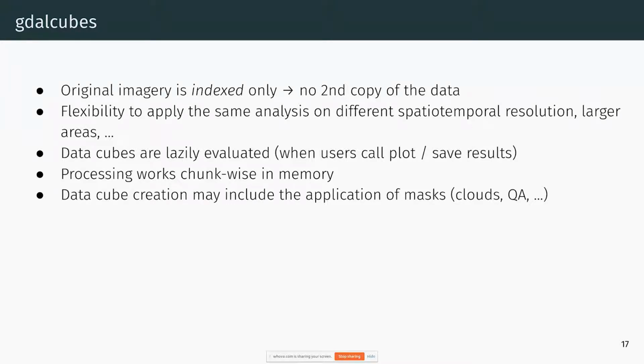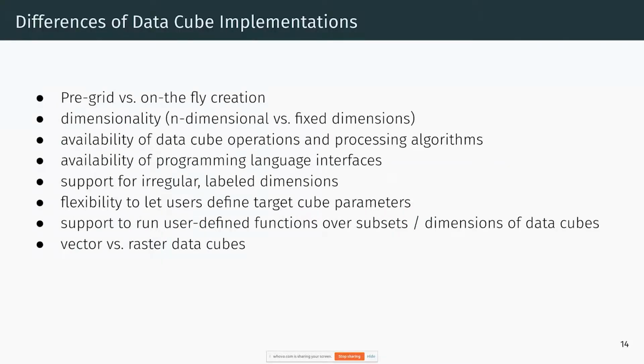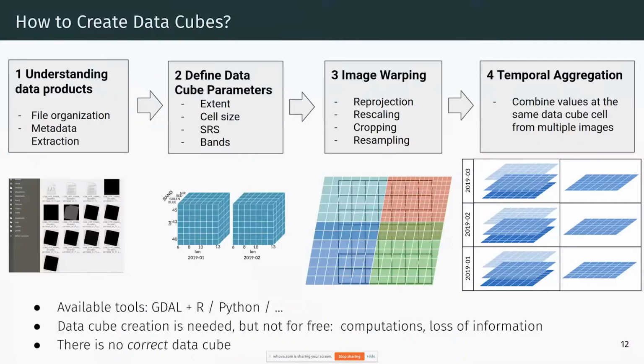One thing I haven't mentioned so far in the data cube creation is that it's important to apply masks during the construction. So a lot of data products come with something like cloud masks or quality information per pixel. And it's important to apply this during the construction of the data cube before the temporal aggregation takes place. Let me go back to the slide on the construction of the data cube.